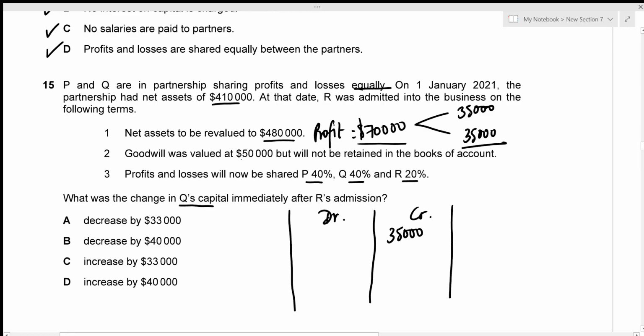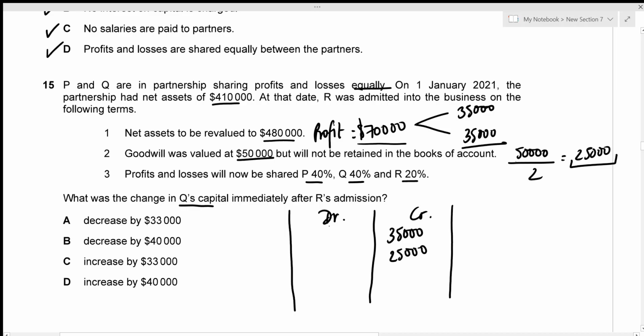Alright, next we have the goodwill, which was valued at 50,000. Now for goodwill, we need to record it on both sides, debit and credit. So we're going to record it on the credit side first. And on the credit side, this is always recorded at the old profit sharing ratio. So 50,000 is going to be divided into two equal halves. So that's 50,000 by 2, which is 25,000. So this amount should be recorded on the credit side.